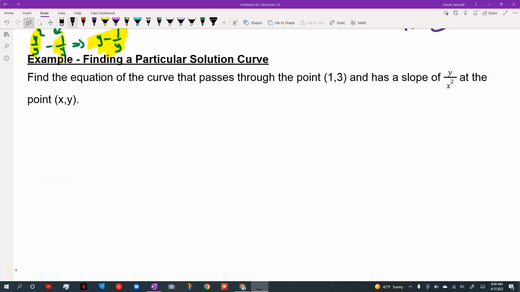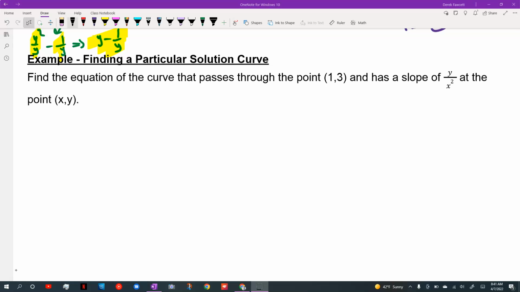Okay, so here we're going to do one more, and then I'll do another video with all of the application problems. But here it's finding a particular solution curve, very similar to what we've done. Now, if it has a slope of y over x squared, then that means that that is the differential equation.